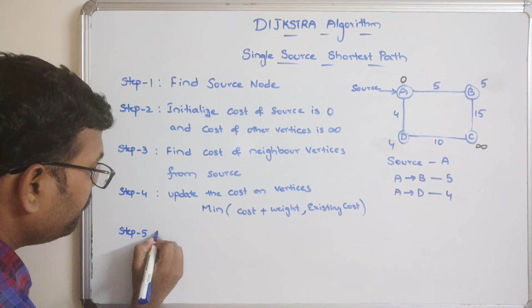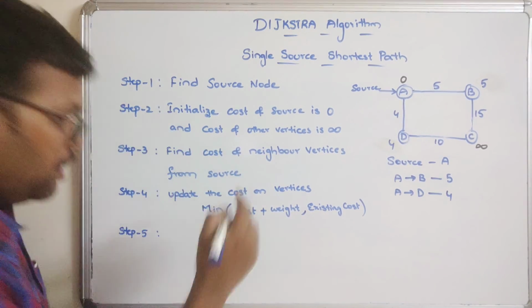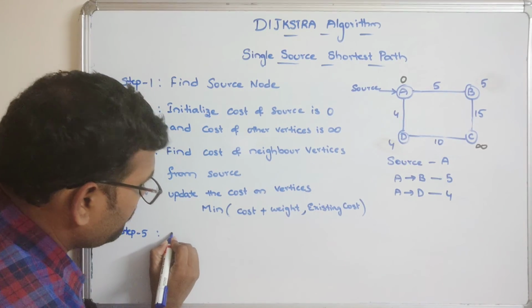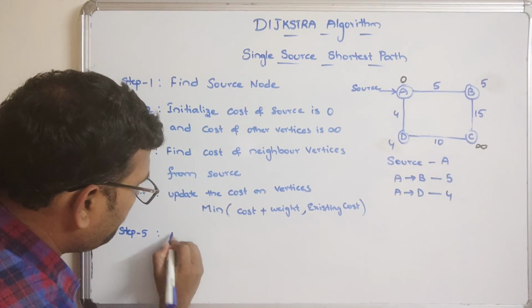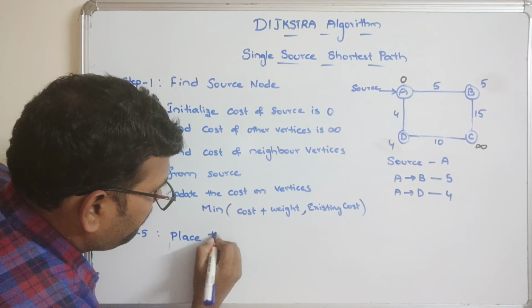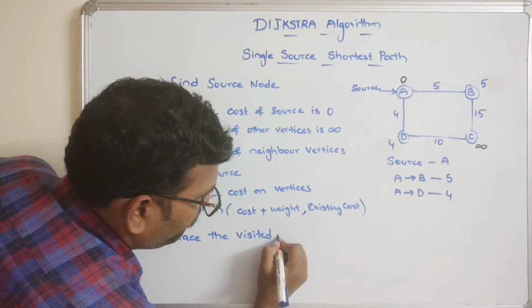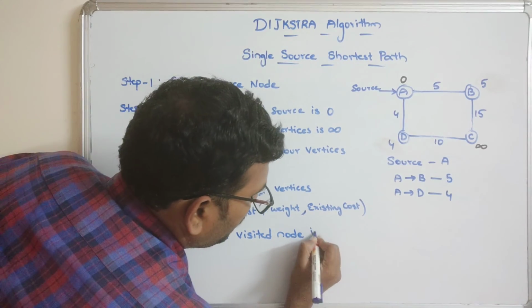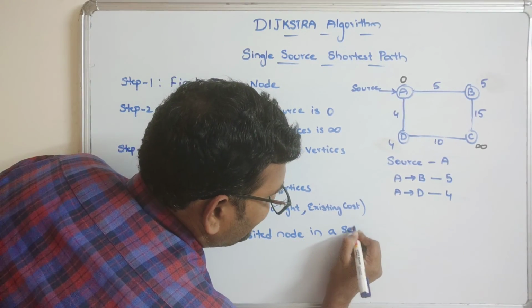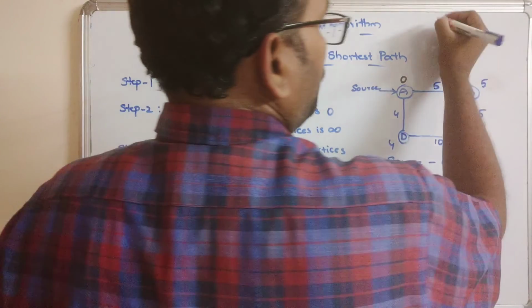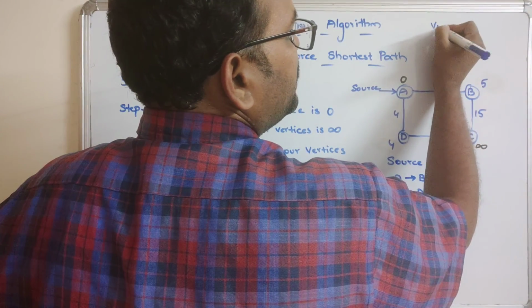Step 5. What do we have to do? Now place the visited node in a set, the visited set. Here we will write a visited set.